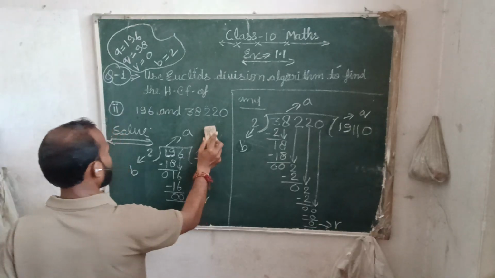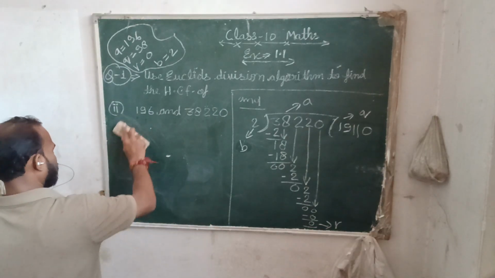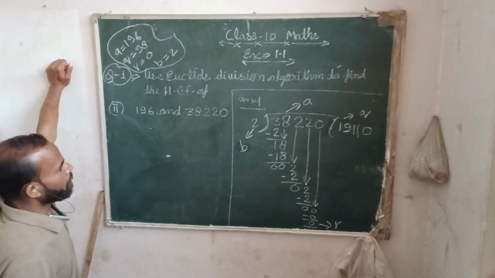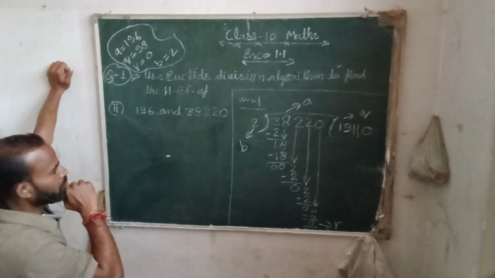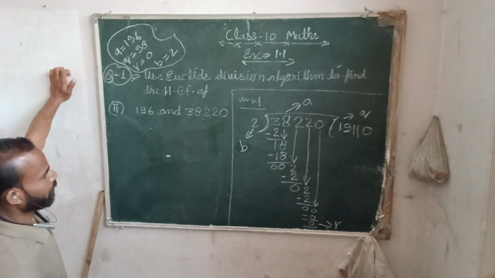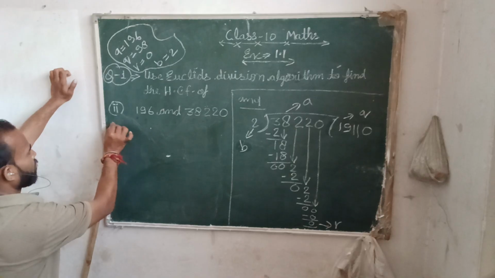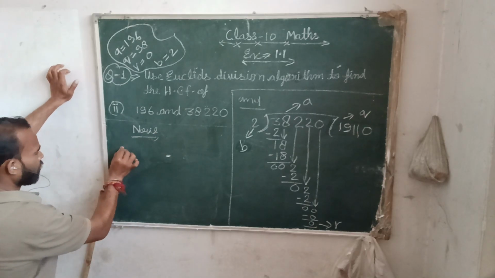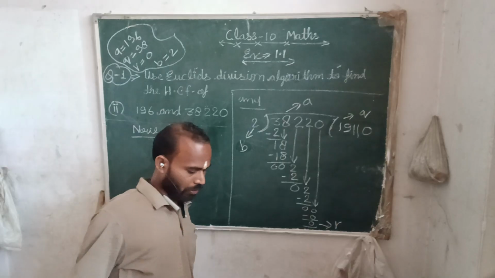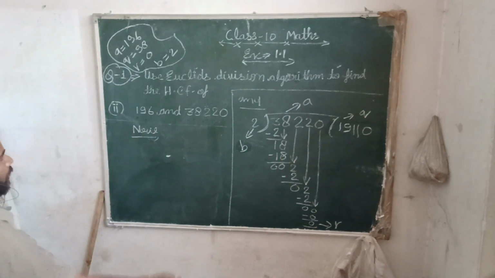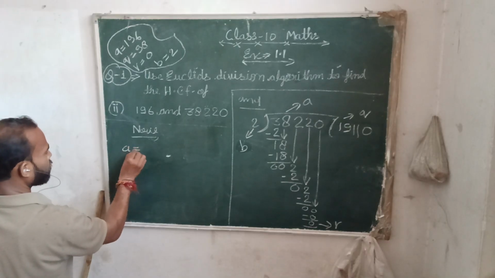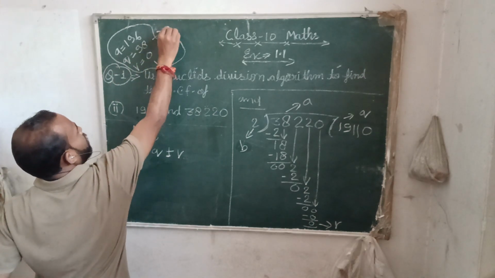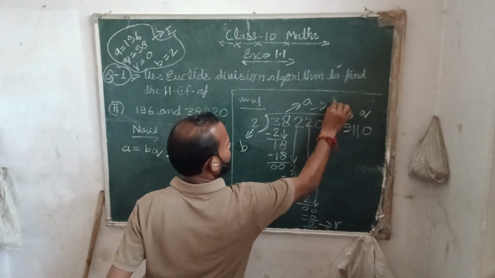Continuing, note down again, my dear students. Now write the formula of Euclid's division method: A equals BQ plus R. This is your first step and this is your second step.